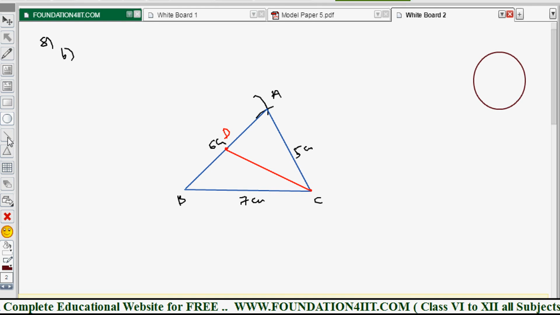If I take a chord, the perpendicular bisector of the chord passes through the center. If you draw any perpendicular bisector of a chord, it passes through the center, right? So the same property. Now for DC you should draw the perpendicular bisector.